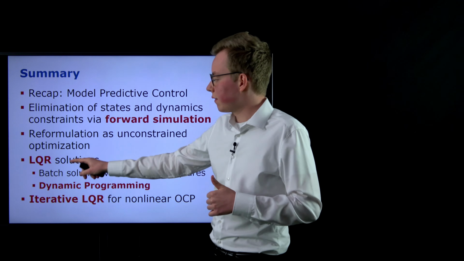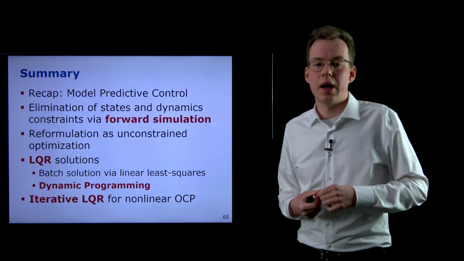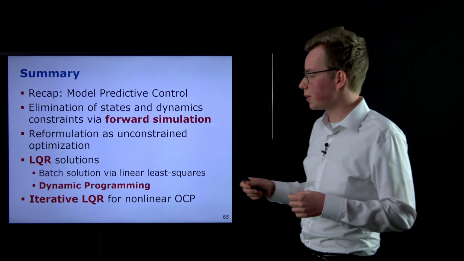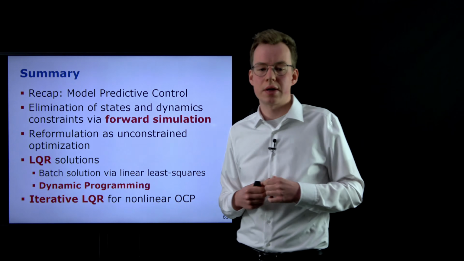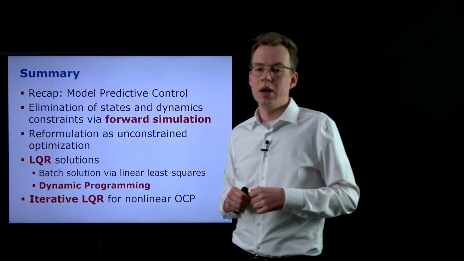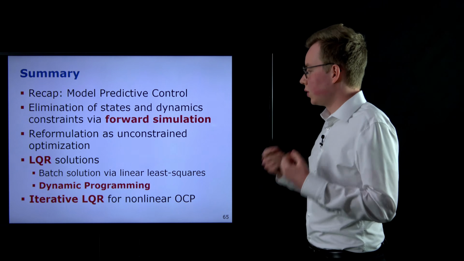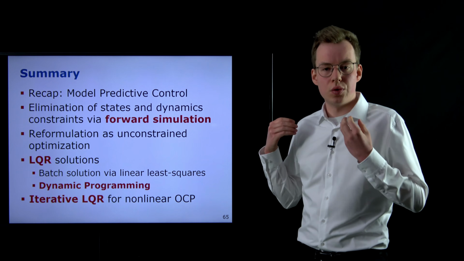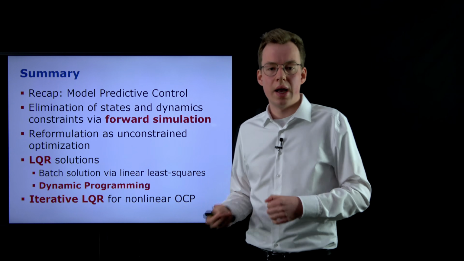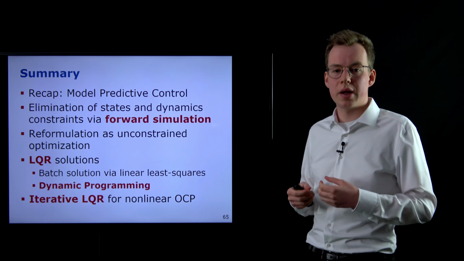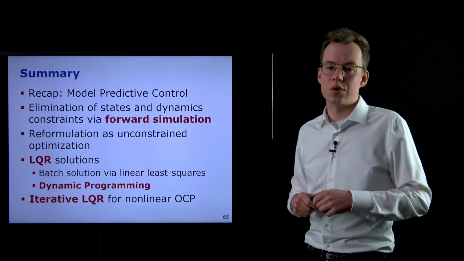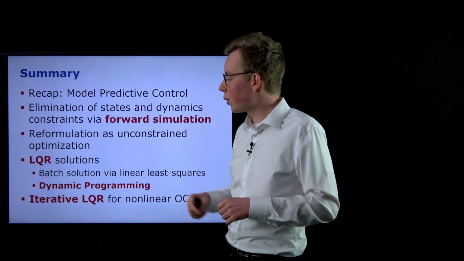Then we did a bit of a deep dive into how we can solve a special class of these optimization problems or optimal control problems, which are problems with linear dynamics and quadratic costs. And so we looked at the batch solution to LQR, which uses the idea of forward simulation to solve this as one big linear least squares problem. And we also discussed the idea of dynamic programming, which exploits the fact that we can recursively compute the solution to an LQR problem quite efficiently.